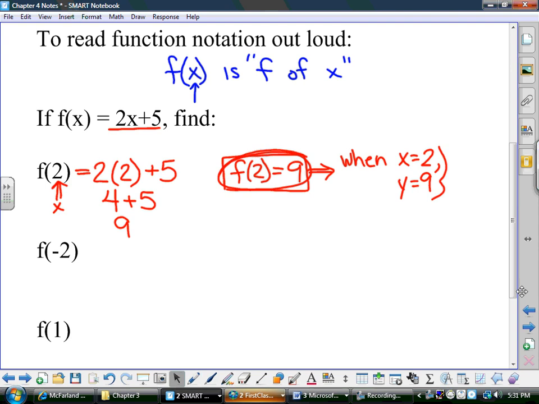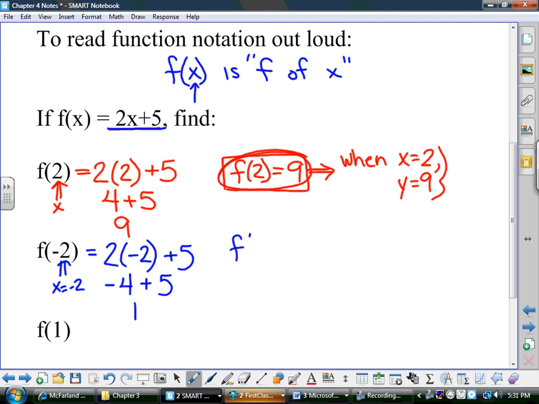Let's try to find f of negative 2. We're still using the same rule, we're just changing the number that we put in. F of negative 2 equals 2 times negative 2 plus 5. So that's negative 4 plus 5, or 1. F of negative 2 equals 1.